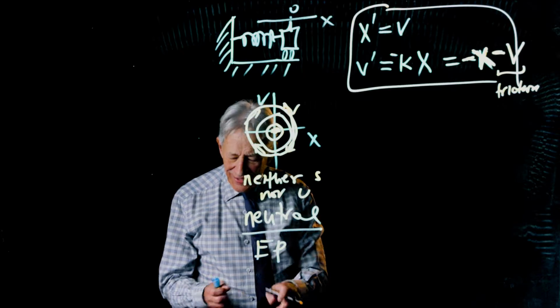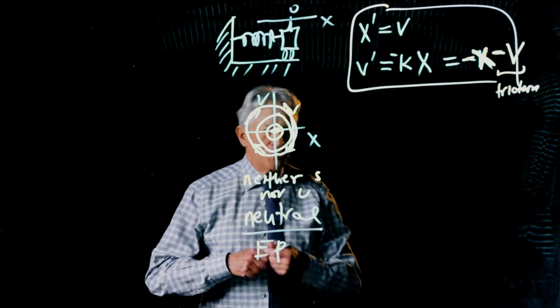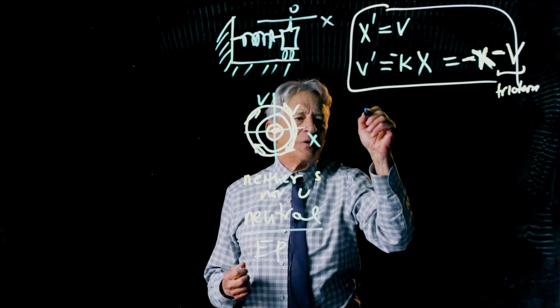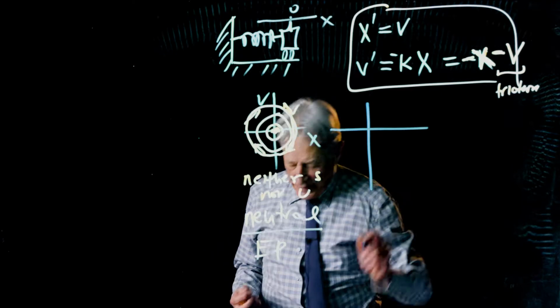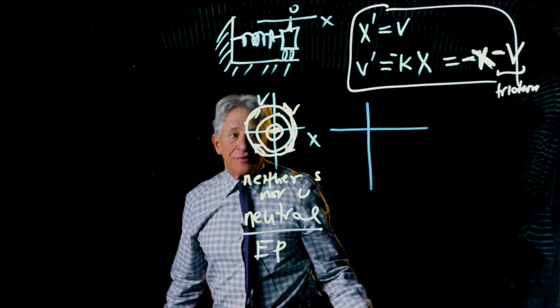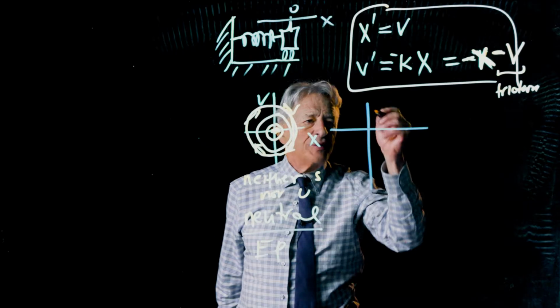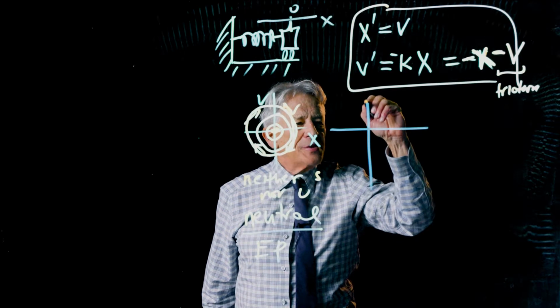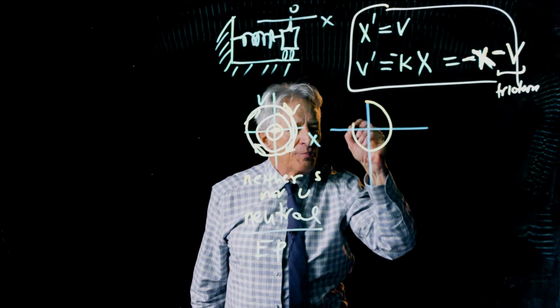And what does that do to the vector field? Well, it changes the vector field with friction so that the trajectories now look like this.